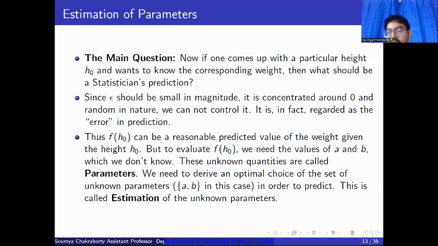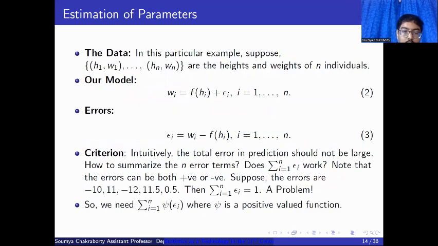Those objective functions are usually derived based on some physical logic. So let us see one or two examples of how these parameters can be evaluated. The evaluation of these parameters, that is, finding the best choice of these parameters, is called parameter estimation. So this is actually our model for the n individuals, and these are the error terms. So we need to minimize the errors.